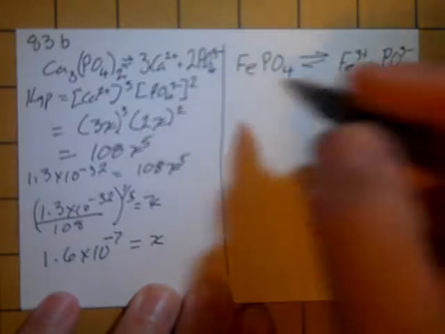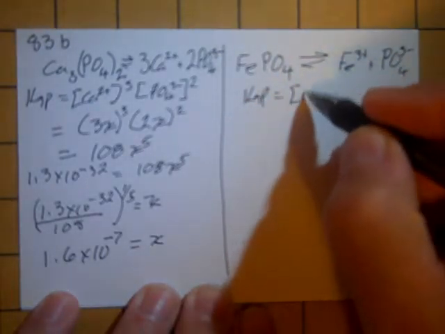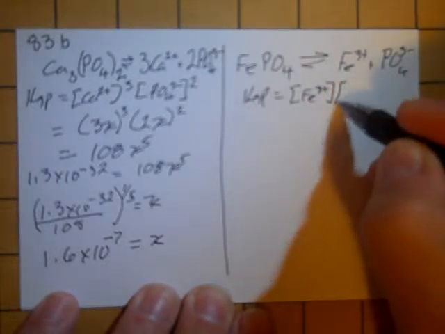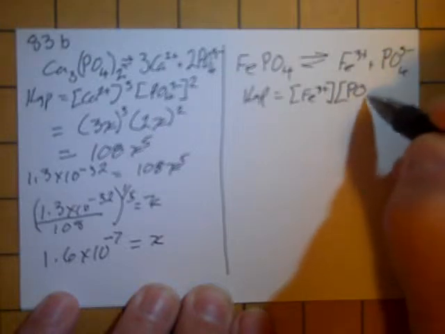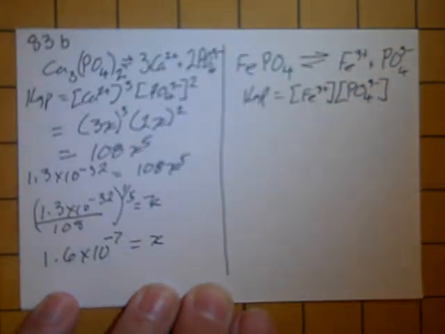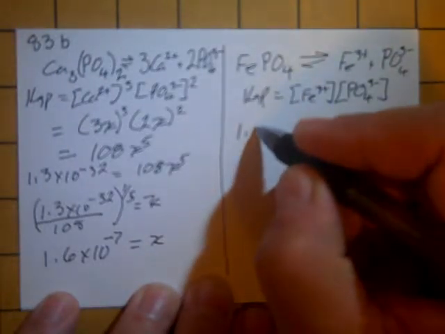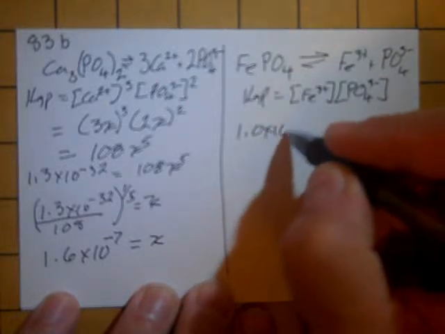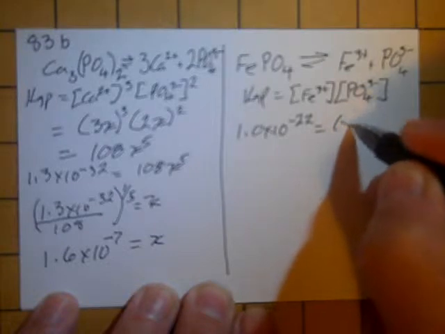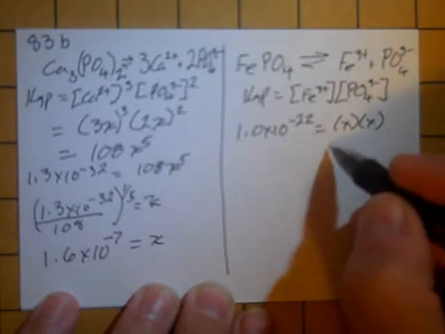For iron phosphate, the KSP will be equal to the concentration of iron ions, the ferric, times the concentration of phosphate ions. No powers at all. So 1.0 times 10 to the minus 22 will equal x times x, or x squared.